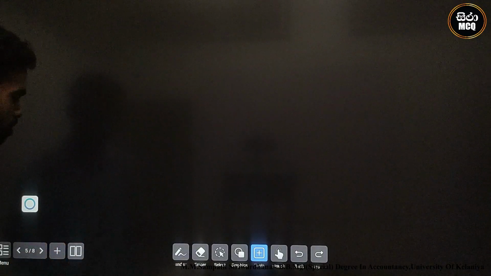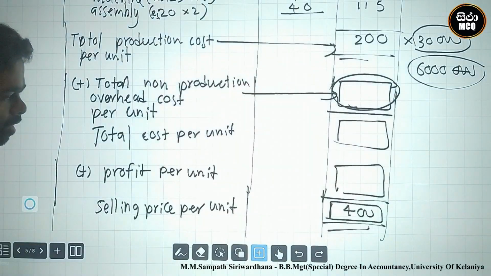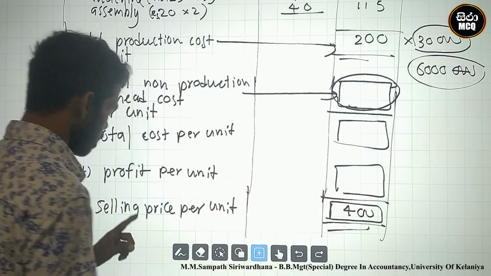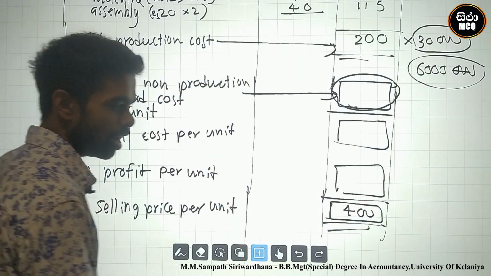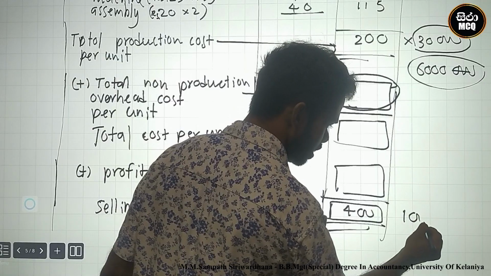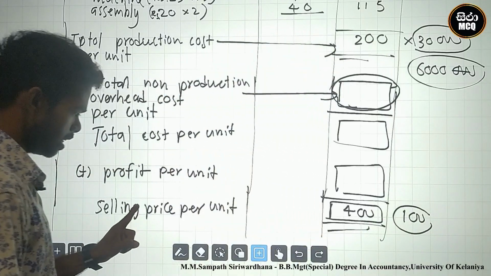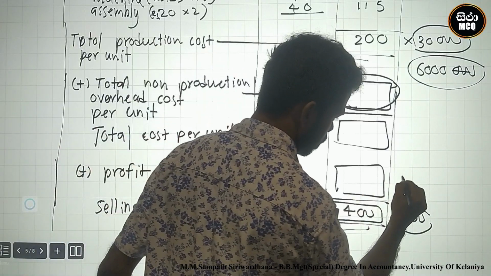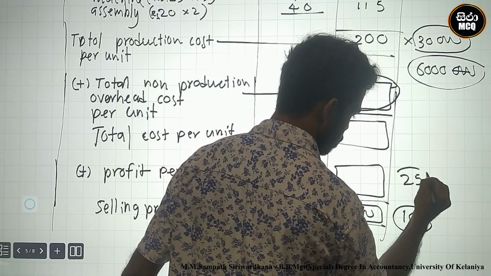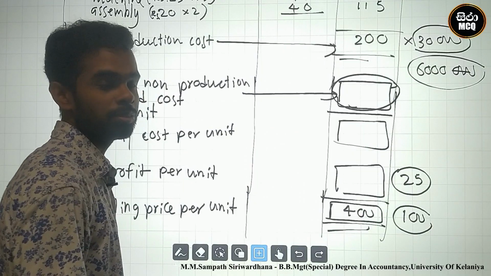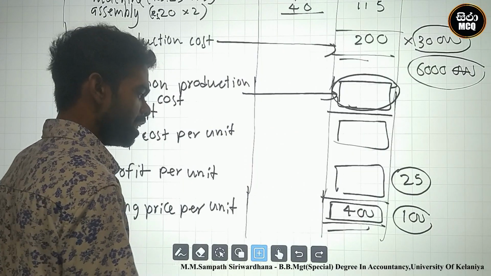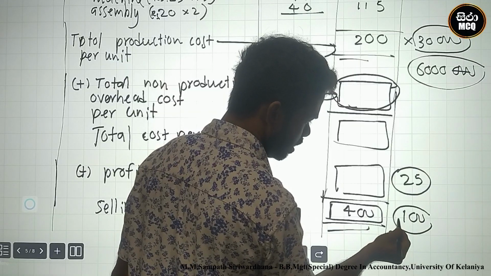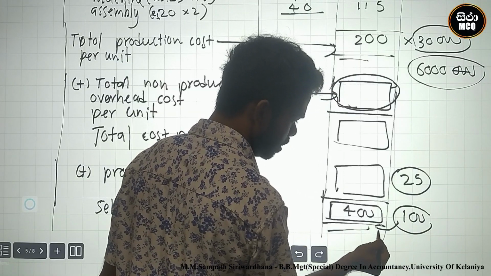Therefore I include this here. This is not the actual figures; this is the percentage figures I use. 25%, 100 is selling price. Profit is 25. Okay, you can find the profit. Why? 100 is converted to 400.